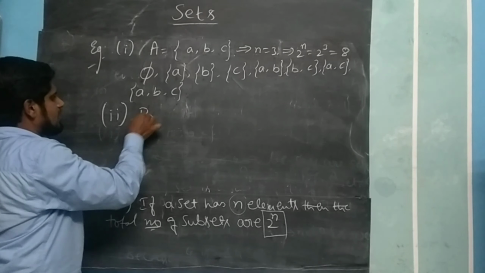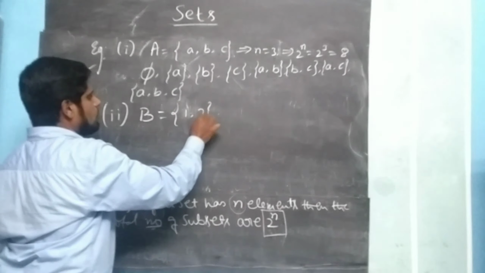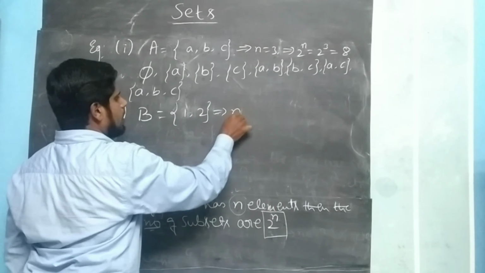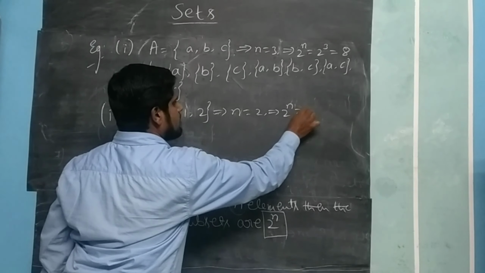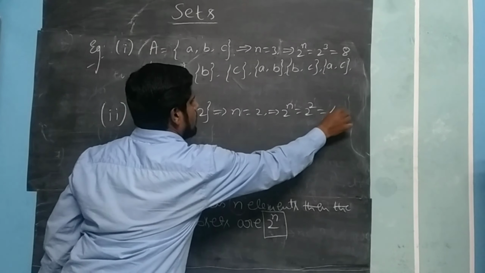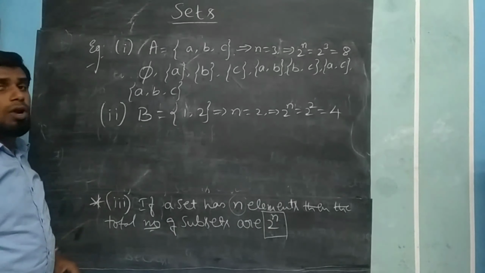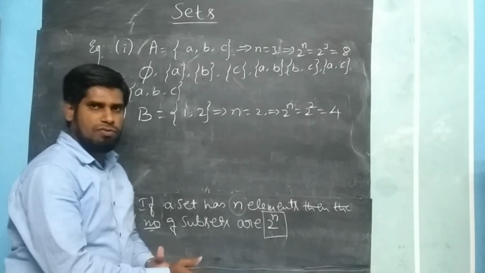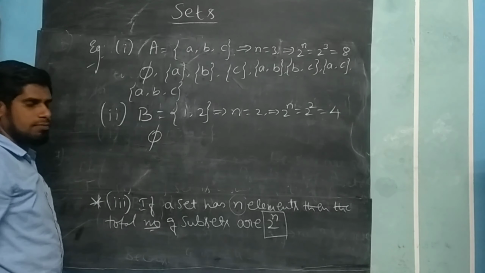Another example. If B is a set, it has elements 1, 2. So here n is 2. Then 2 power n is 2 power 2, that is 4. So according to the formula, there are 4 subsets. Let me see what the 4 subsets are. Obviously, first is null, no doubt.